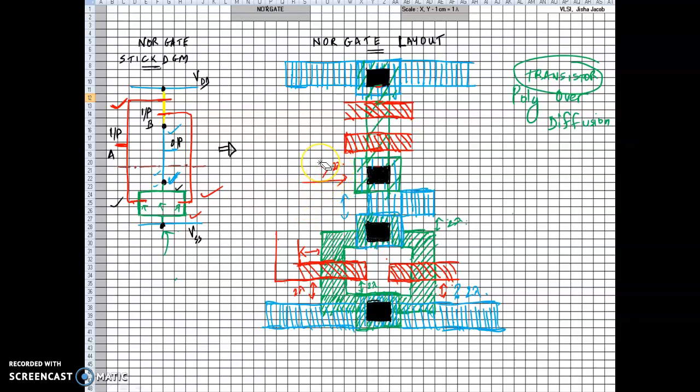And join it with the A input. Over here, this is where we are going to meet the outer bend, and shade it right.